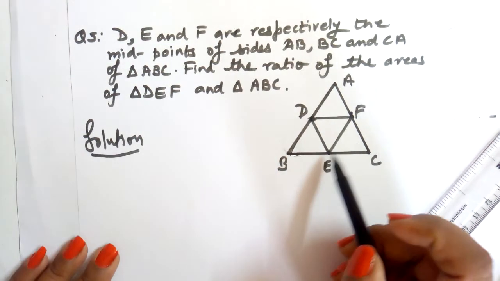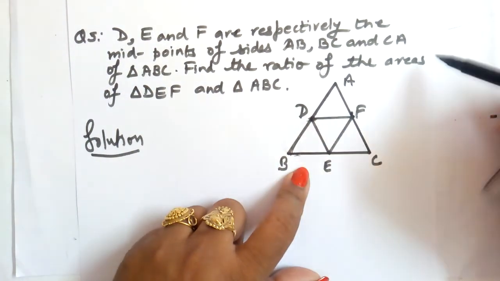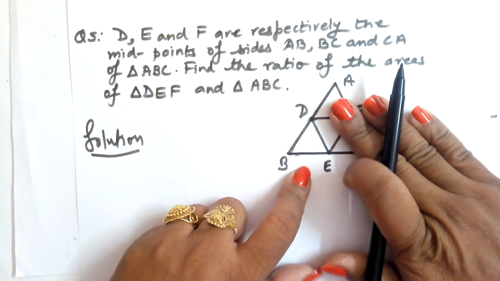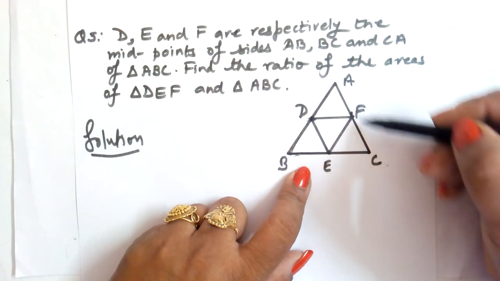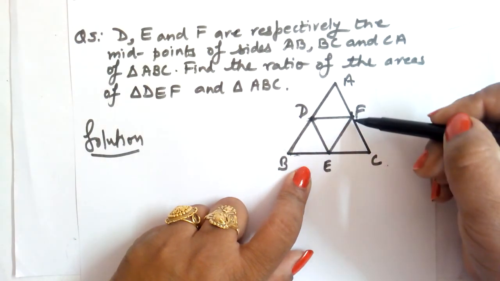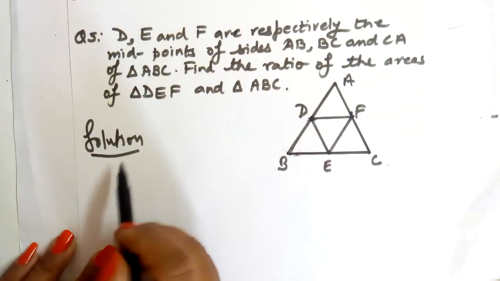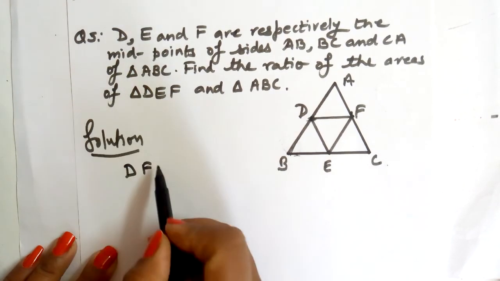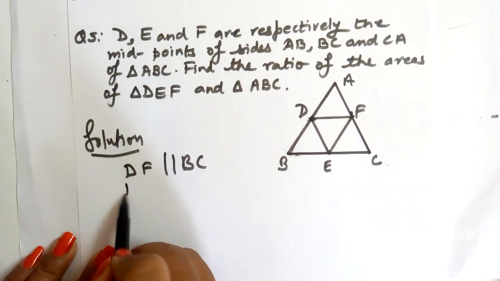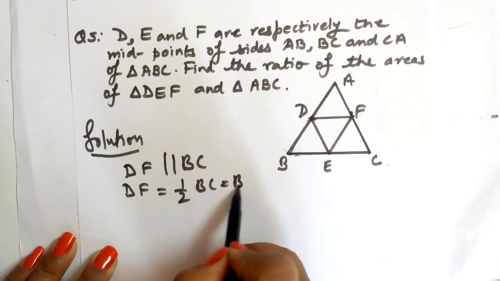Yes, so now E is also a midpoint, so the same goes for DE. By the midpoint theorem, DF is parallel to BC and DF is equal to half of BC, that is equal to BE.